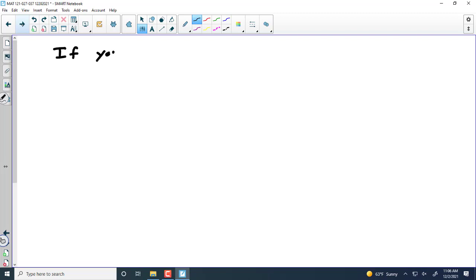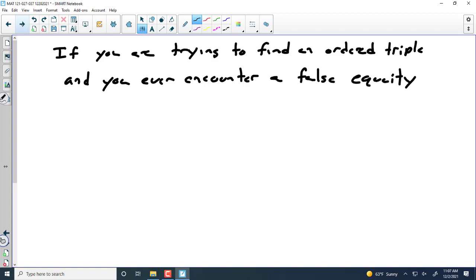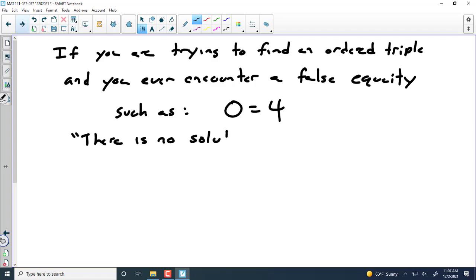If you are trying to find an ordered triple and you ever encounter a false equality, such as something like this, if everything starts canceling away and suddenly you're looking at something like 0 equals 4, that means there is no solution.